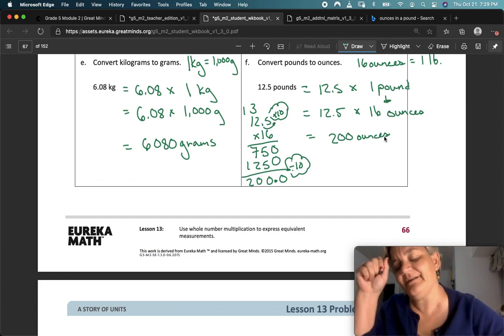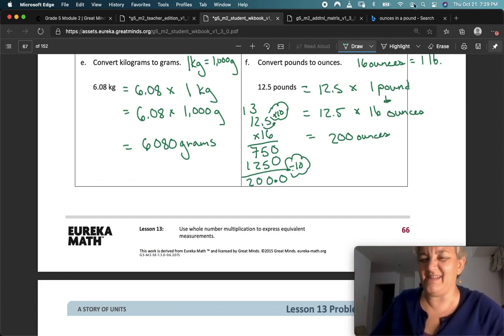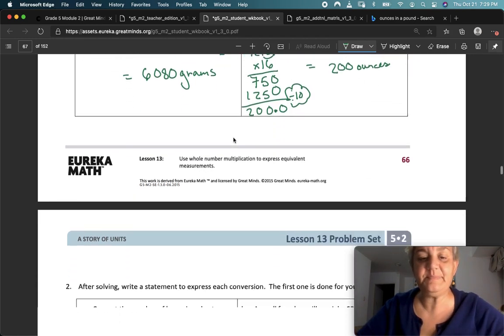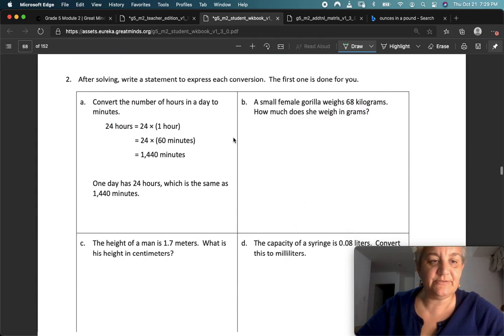And you know how I figured out I made a mistake? I estimated, right? I converted this to 10 in my head, times 16 would have been 160. And I knew 2,000 was way too big because in my head I estimated 160 ounces. So estimation helps.